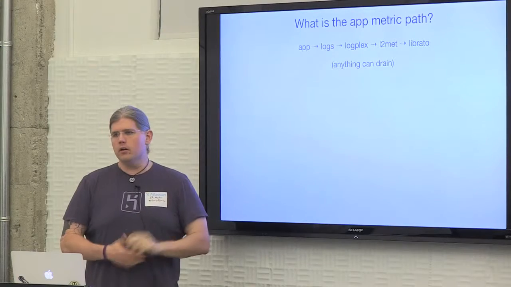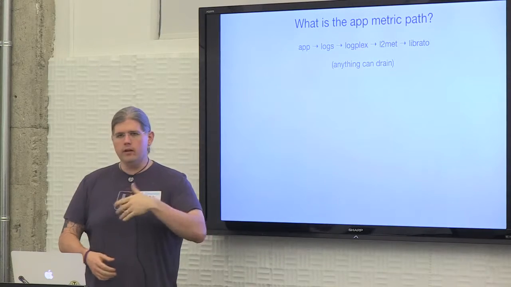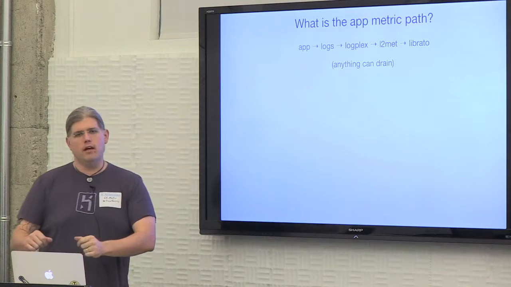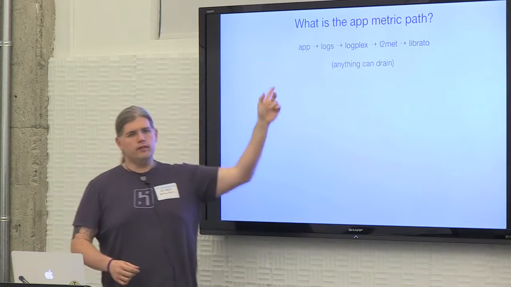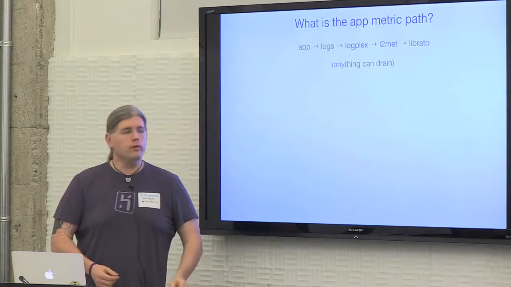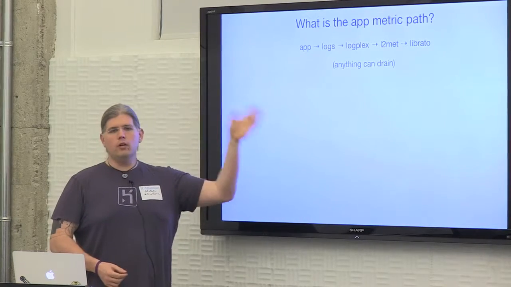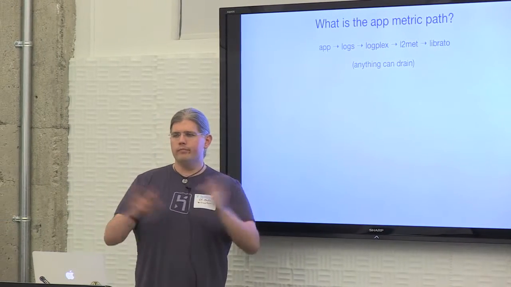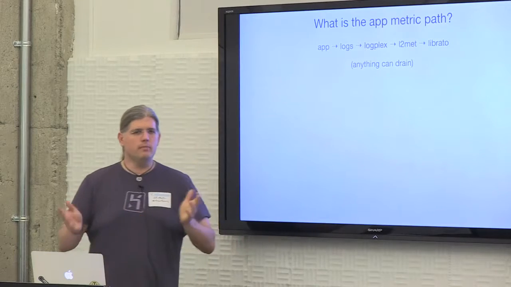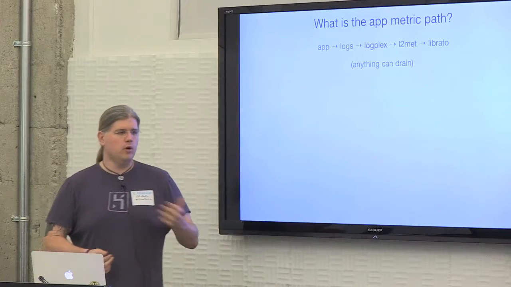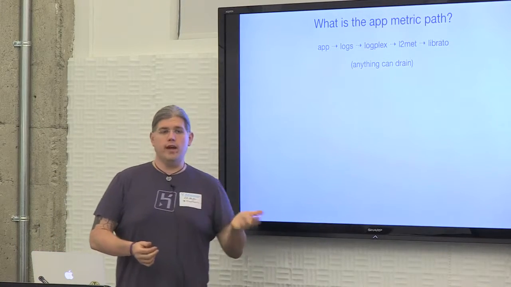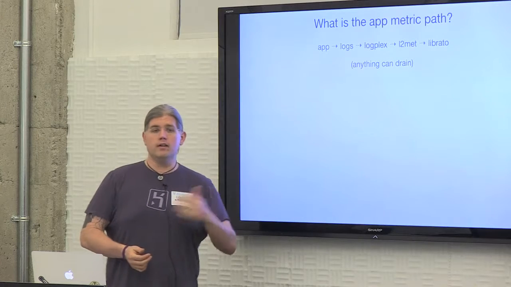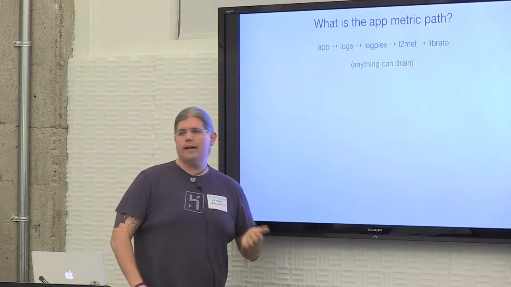They go through a system called Logplex, and I'll send around links to this. This is just a gist. It has links to all these different little pieces of software that are open source. The logs go to Logplex, which is basically our log routing system at Heroku. If you've ever done Heroku drains add or Heroku logs tail, you've interacted with Logplex.